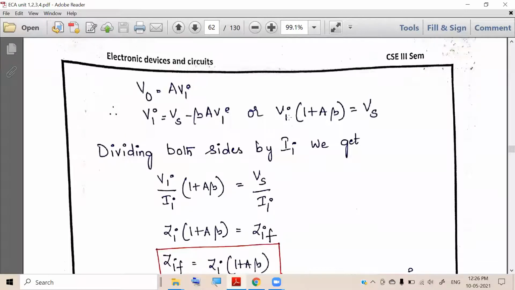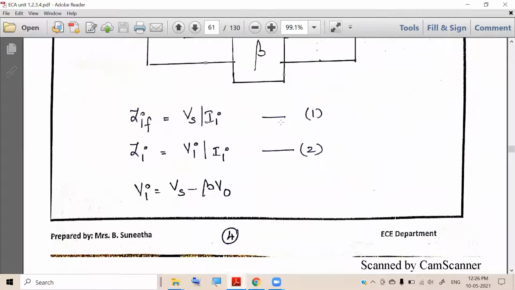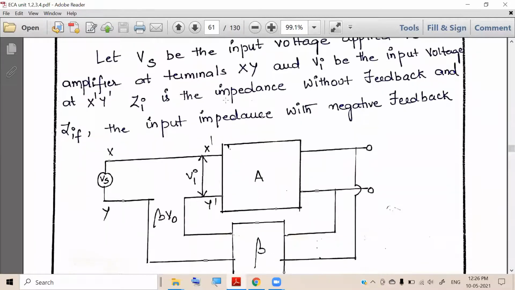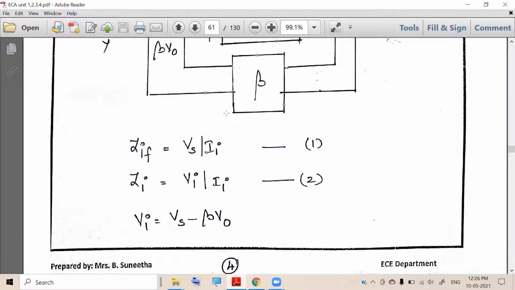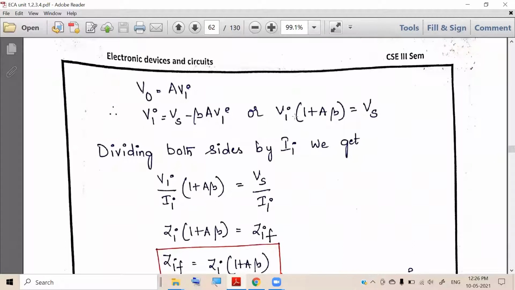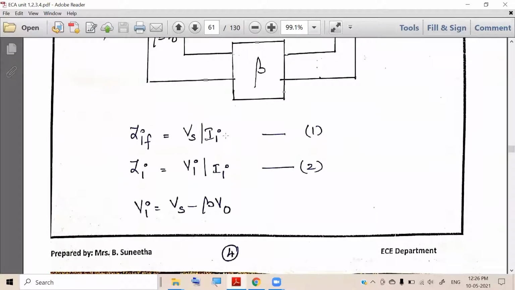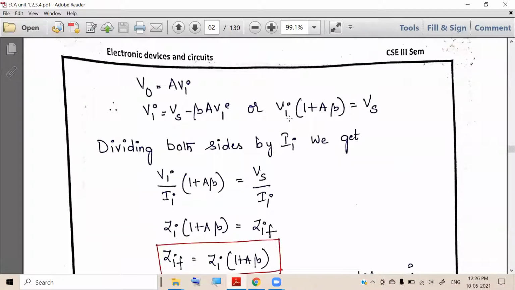Next, we know that voltage by current gives impedance. Our target was finding input impedance, so we divide by Ii on both sides. Vi by Ii gives Zi, and Vs by Ii gives Zif.